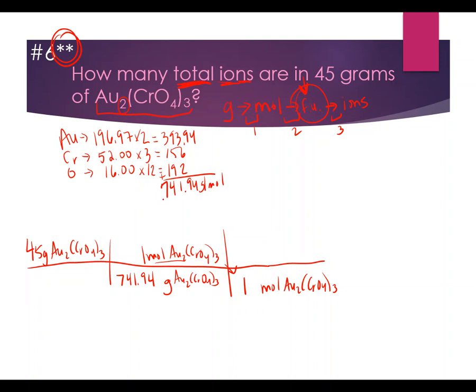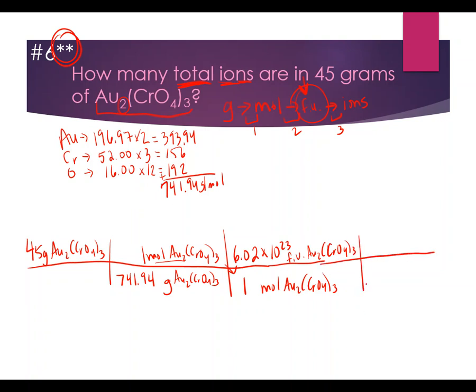We've got to start remembering what the number is for formula units, always. What is it for molecules, atoms, ions, formula units? Formula units is going to be what? 6.02 times 10 to the 23rd. And this would be formula units of Au2(CrO4)3. Wow, fun compound to write out.